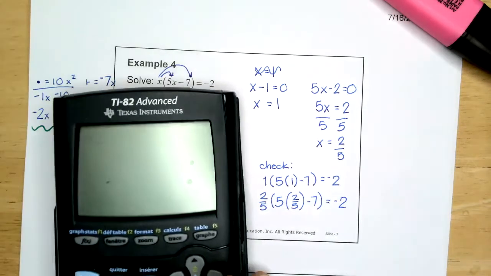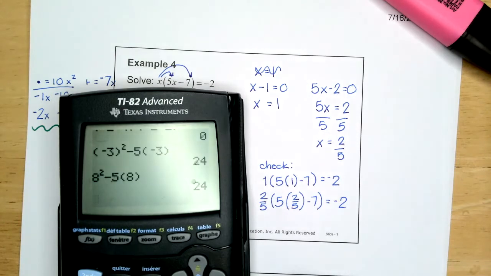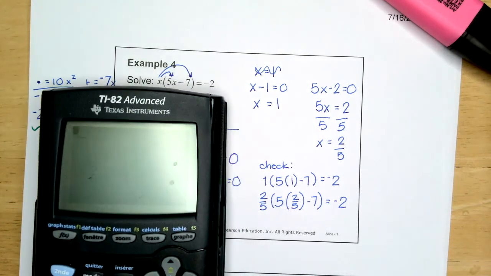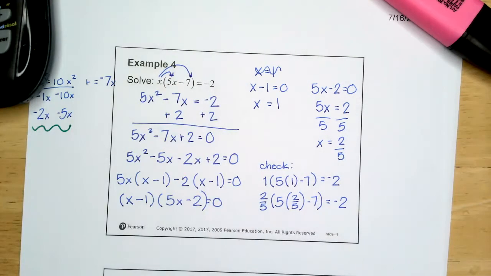Let's see if that is true. So we have 1 times 5 times 1 minus 7 is -2. 2/5 times 5 times 2/5 minus 7 is -2. They check.